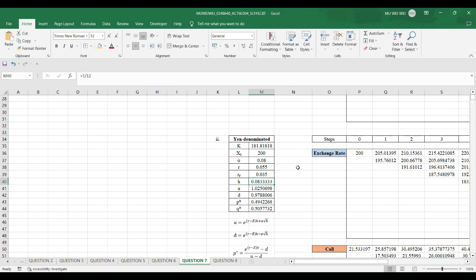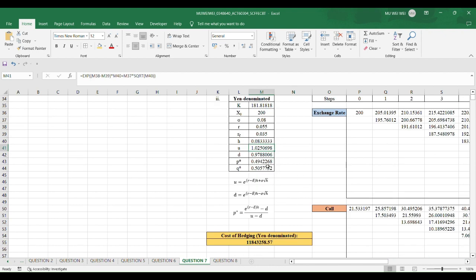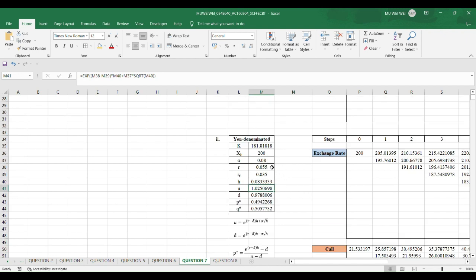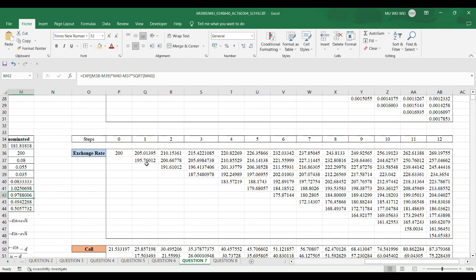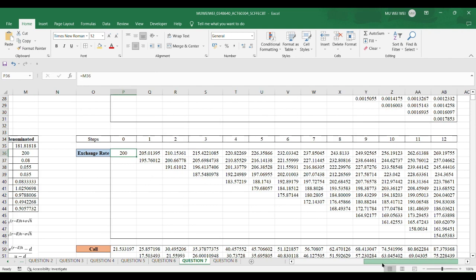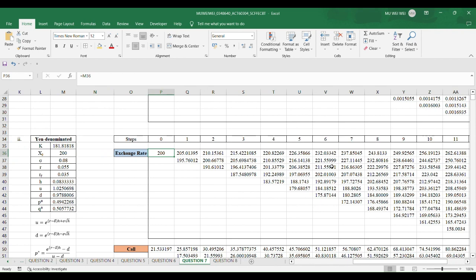So the hedge remains the same, and the UD and the risk-neutral probabilities will use the same formulas, but the values will change because the values up here are also different. So the same as above, we generate a 12-period binomial tree for the exchange rate, but this time we use the values for the yen denominated. The formulas will be the same.